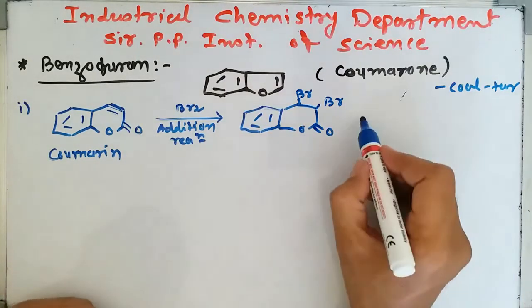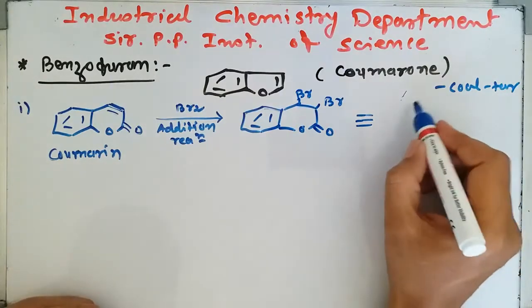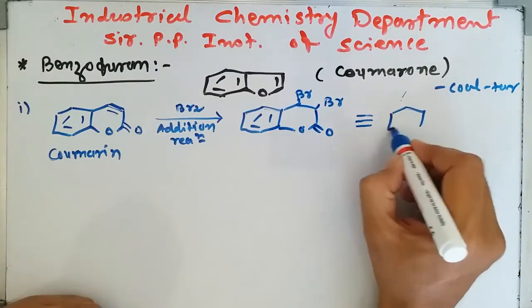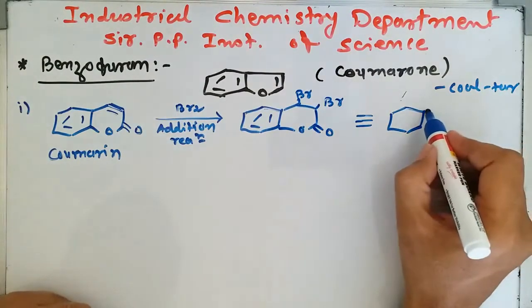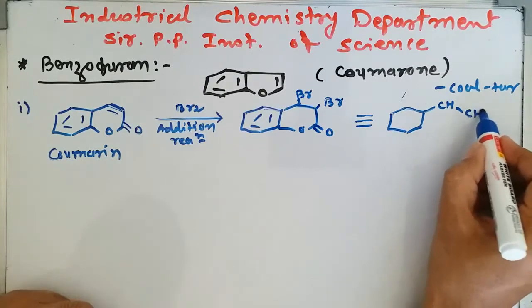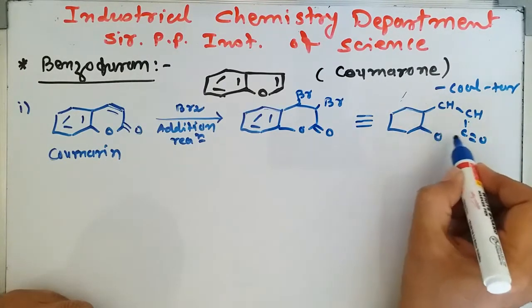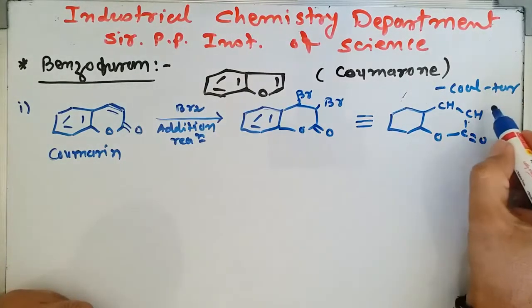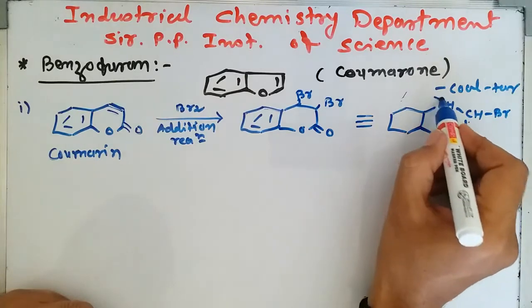This structure we describe similarly, with the benzene ring noted, here bromine and here bromine.